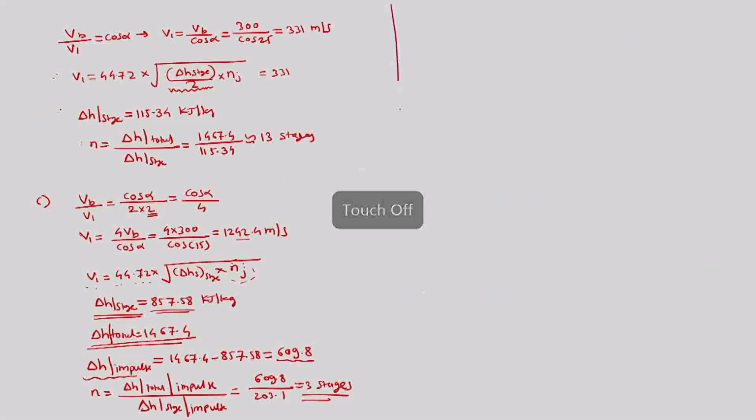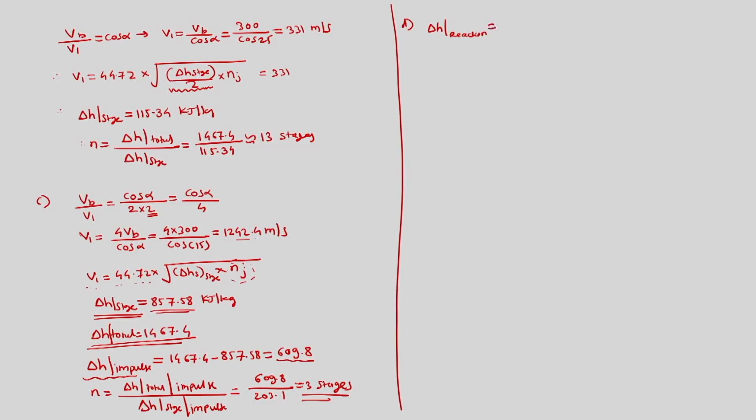Now lastly we will solve for a row of 2-stage Curtis followed by reaction. We have to find delta H reaction, which is 1467.4 minus 857.58, and this again gives us 609.8.